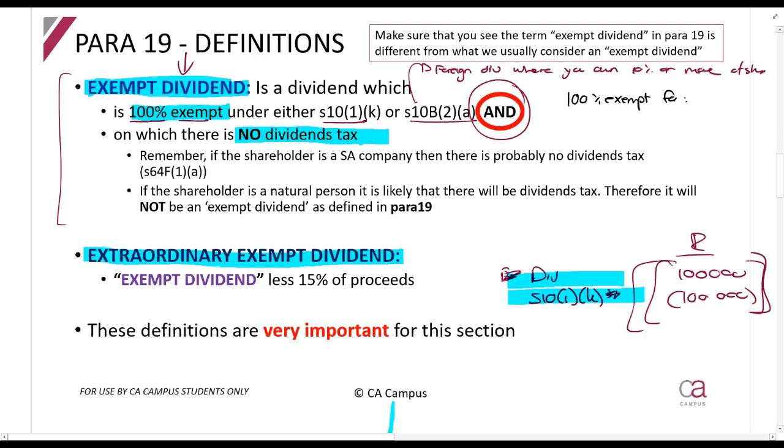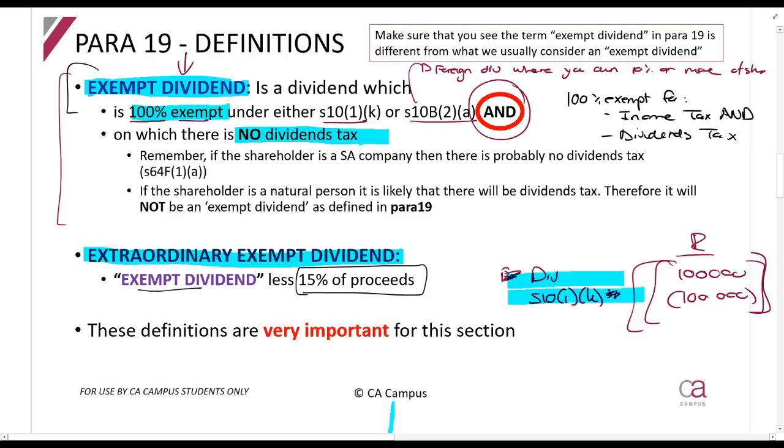So 100% exempt for income tax and dividends tax. Okay, that's an exempt dividend. An extraordinary exempt dividend is a dividend which is calculated as the exempt dividend, so this amount, less 15% of the proceeds on the sale of that share.